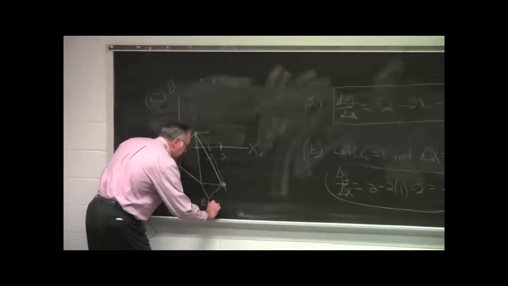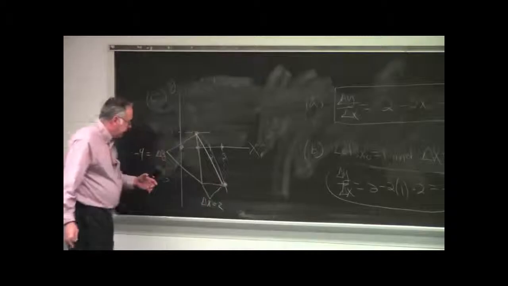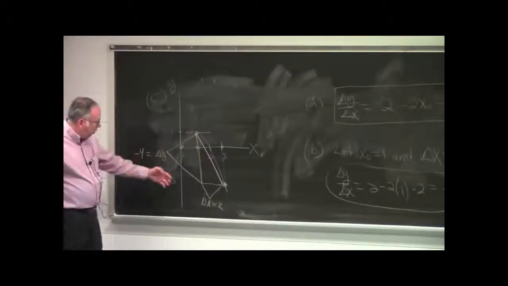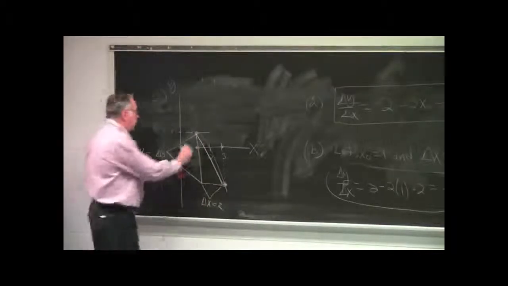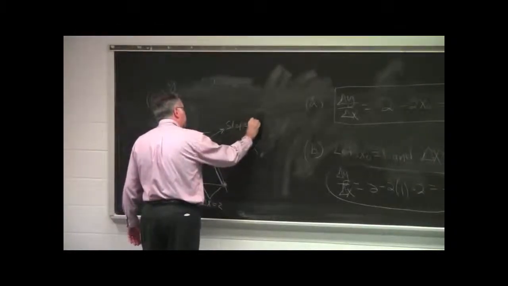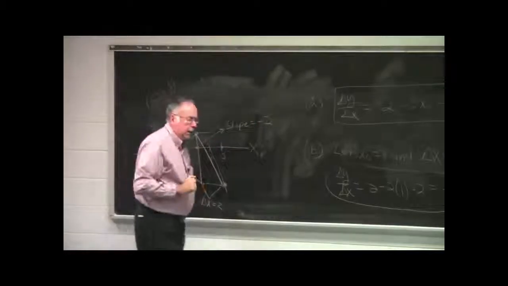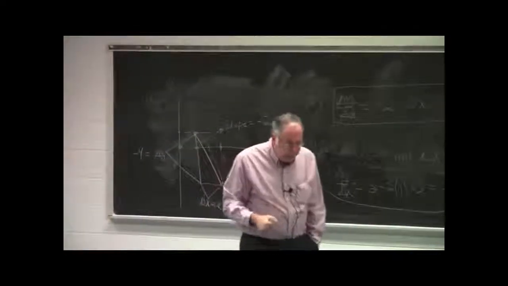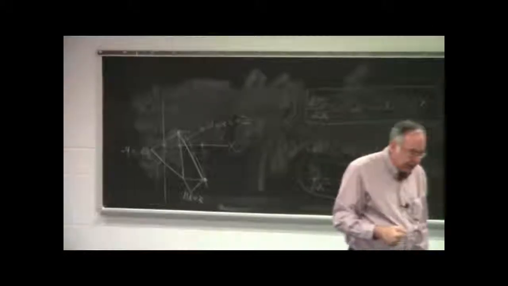That's your delta x, and your delta x is 2. What is the slope of this line, the rise over the run? -4 over 2, -2. So this slope is -2. The slope of this line gives you the average rate of change of y with respect to x over this interval as x goes from 1 to 3. So that's the geometric interpretation of the difference quotient.